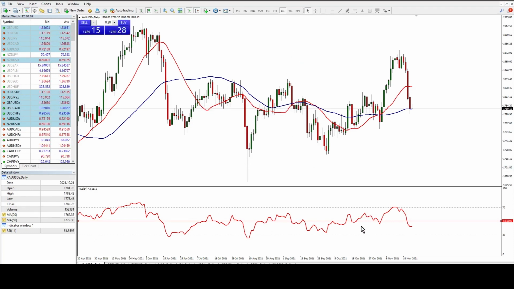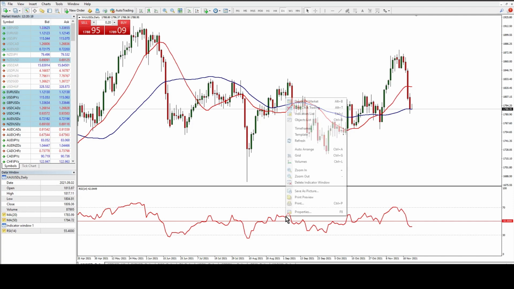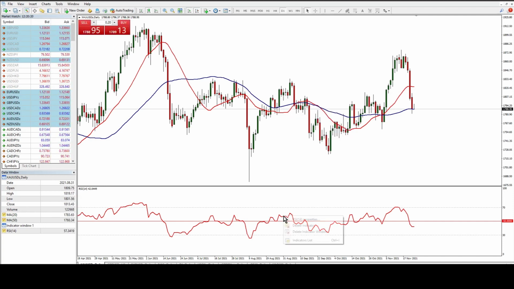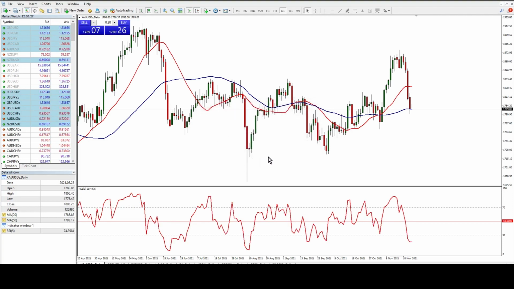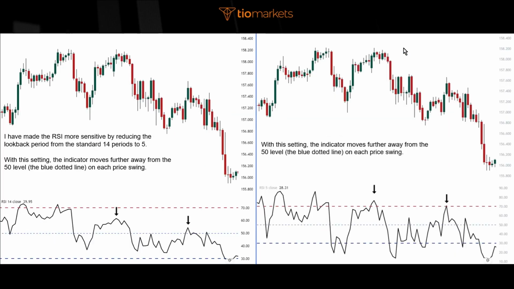Now you can see how RSI is fluctuating mostly around the 50 level with these settings of 14 periods. If we change it to something else like 5, you can see how much the indicator swings change. And this is what I like to do. I like to use a setting of 5, and you'll understand soon more why I do this. And here's an example.